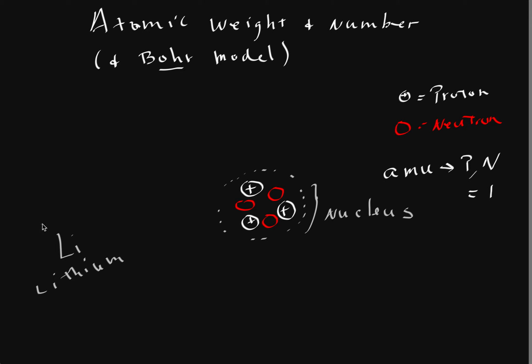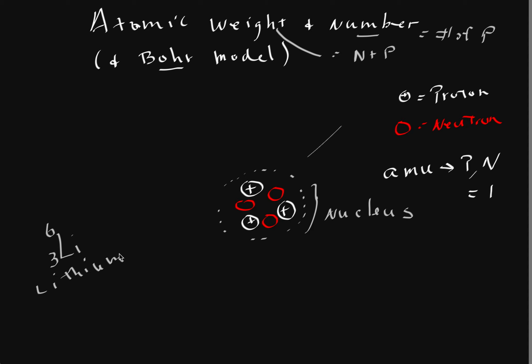We have 6 of them, so we'll write a superscript 6 at the upper left of lithium. And because there are 3 protons, we can write the atomic number. The atomic number is simply the number of protons, and that is the number 3, whereas the atomic weight is equal to neutrons plus protons.